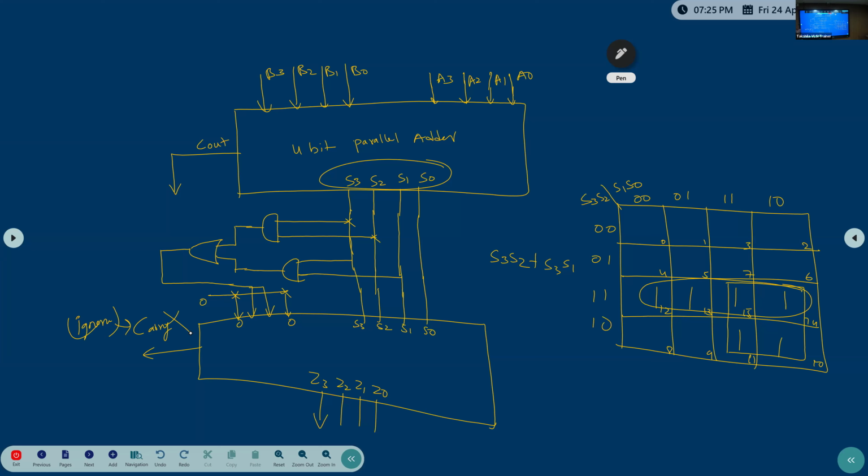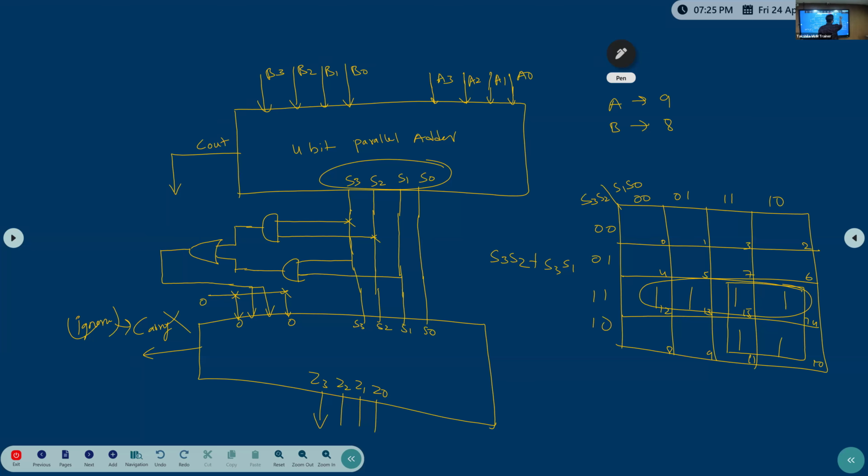Clear? So now take an example, any one number, A and B, tell me, fast, any one big number. I will take A as 9 and B as 8. We'll see a big number.